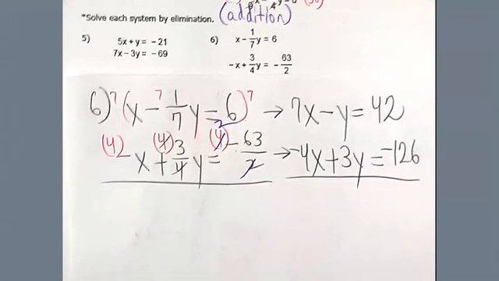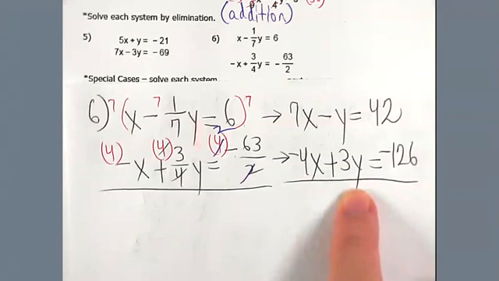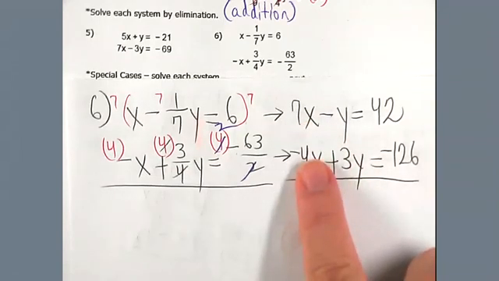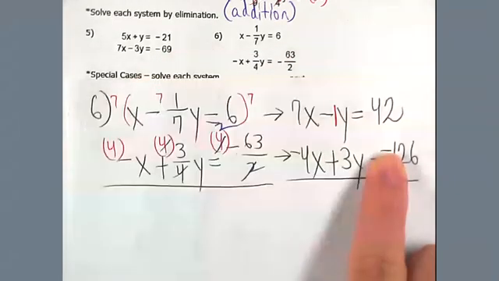Now that the fractions are gone, we can pick a letter to try and eliminate. It will probably be better to eliminate the y's, but you can eliminate the x's also and get the same correct solution. This is understood to be negative 1 in front of the first y.